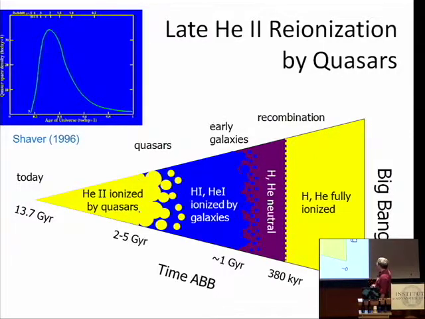We've got recombination where hydrogen and helium are neutral. Then we have hydrogen and helium being singly ionized by galaxies at about 1 gigayear, which is what I've already talked about. But it's believed that at the peak of the quasar counts, we get a second ionization of helium, which gives you an extra heat input into the intergalactic medium.